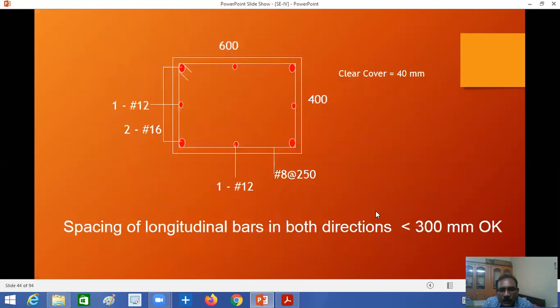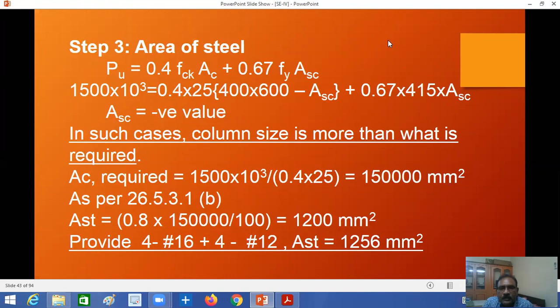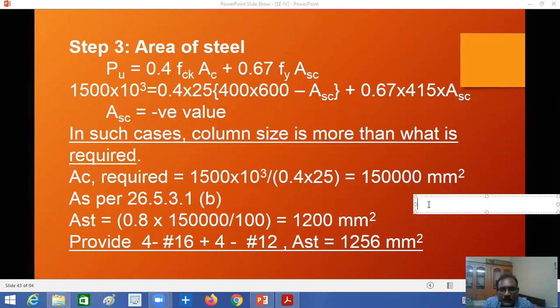Okay, after getting this, how to calculate here? See, what is the area of 16 mm bars? One bar of 16 mm equals pi d square by 4, so 16 into 16 into 22 divided by 7 divided by 4.